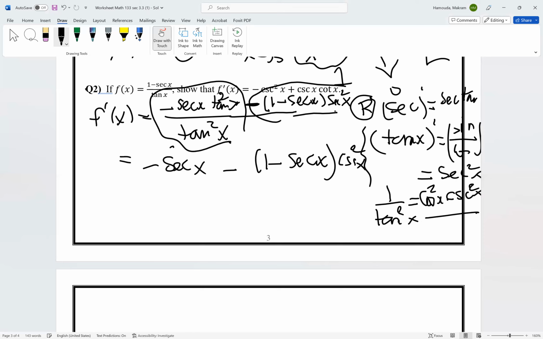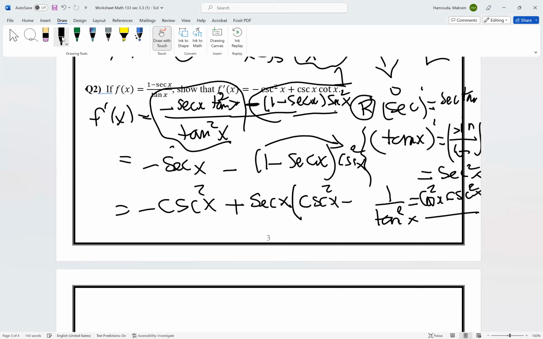Okay, now I can write minus cosecant squared x by expanding this with the minus, and then plus secant x multiplied, in factor, by secant x cosecant squared minus 1.